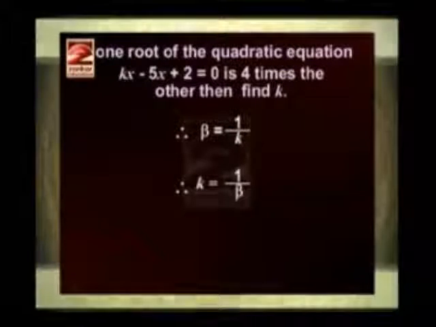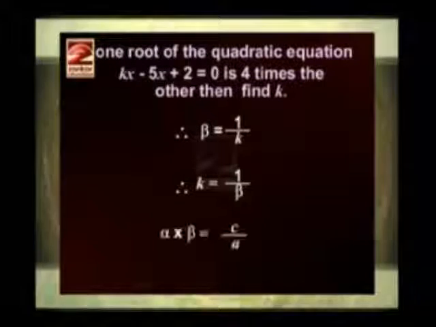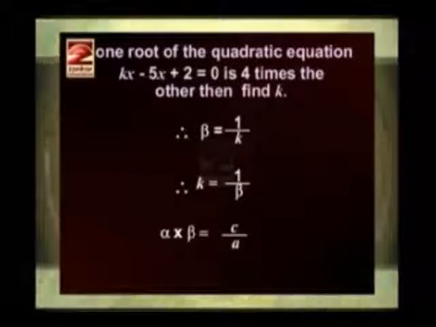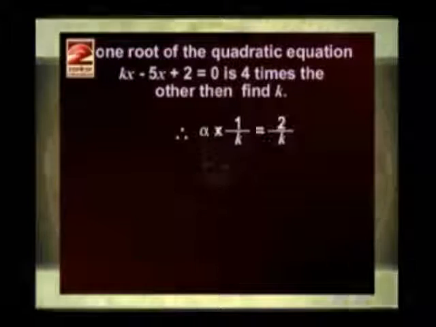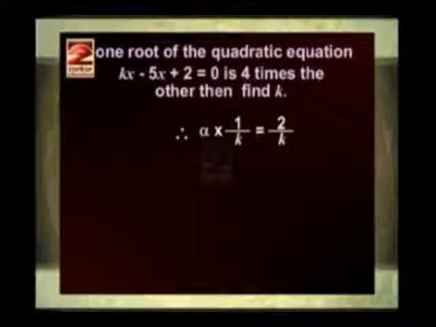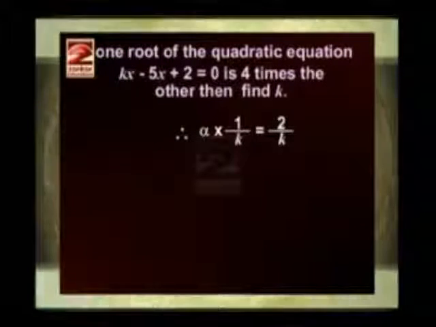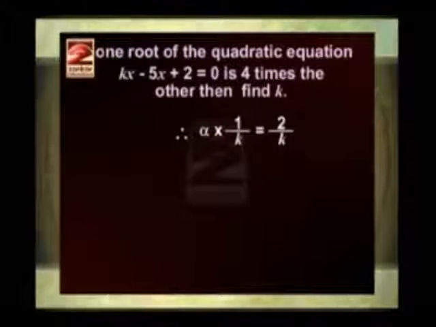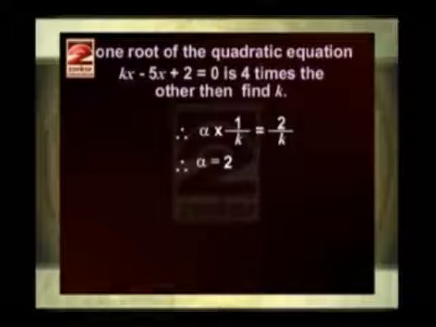Therefore, k is equal to 1 upon beta. Now, alpha into beta is equal to c upon a, that is equal to 2 upon k. Therefore, by substituting the value of beta, we get alpha into 1 upon k is equal to 2 upon k. Therefore, alpha is equal to 2.